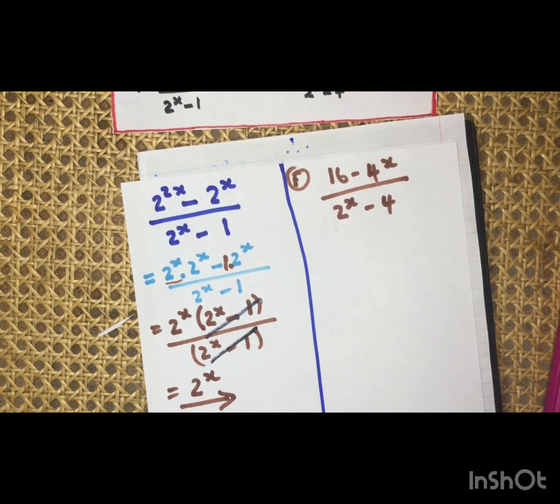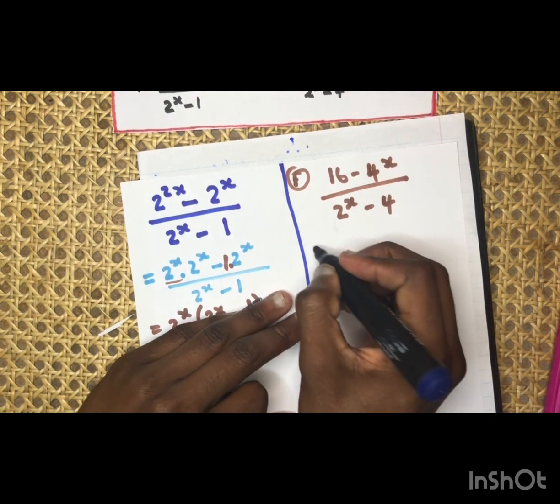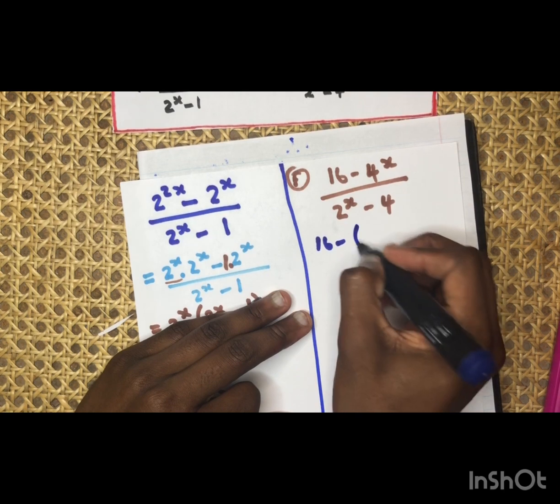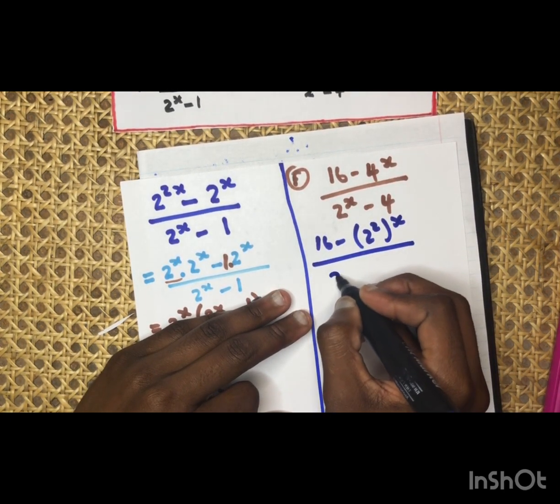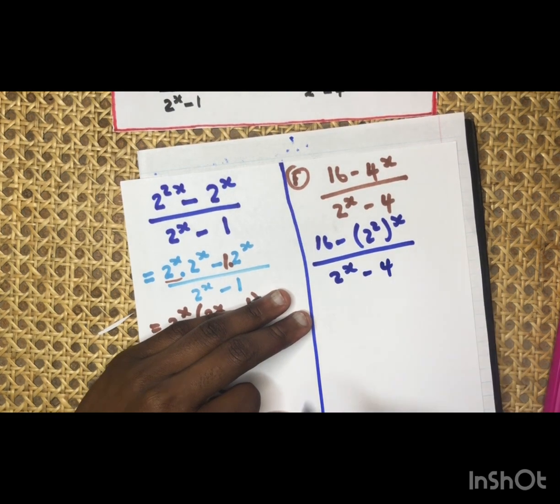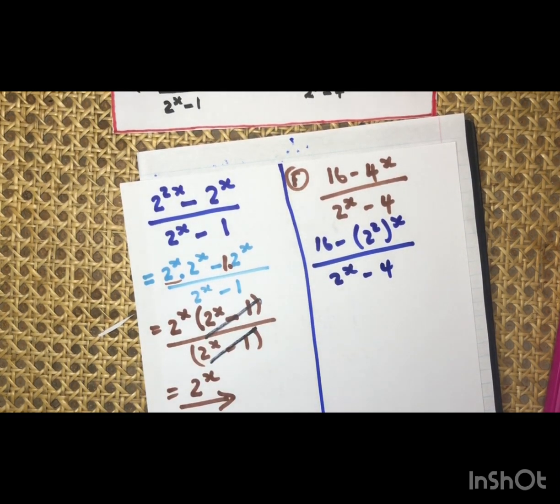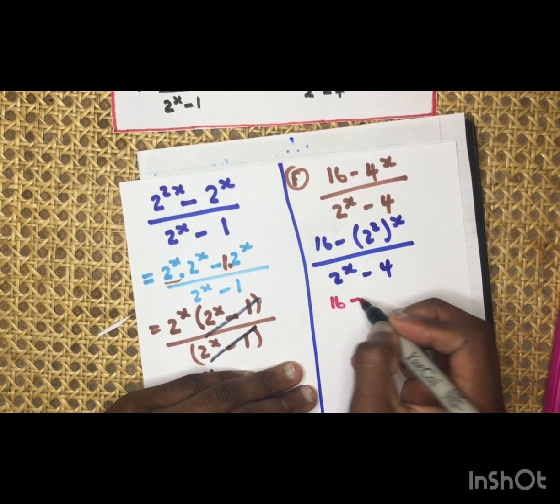Then 16 is a number here. There's no need for me to stress about 16. I'm going to drop 16 as it is. Minus, then here I have 2 to the power 2, then I have x over 2 to the power x minus 4, right? So this thing, guys, is the same as 16 minus 2.